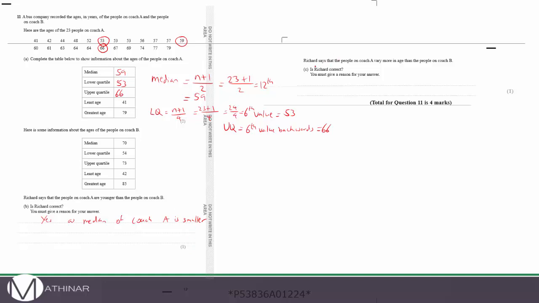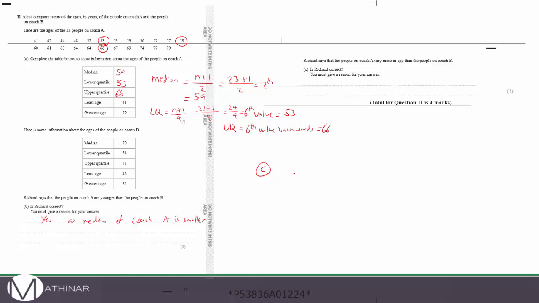Final question. Richard says the people on coach A vary more in age than the people in coach B. When we're talking about how much the age varies, we can look at either the range or the interquartile range. You don't need to look at both unless it asks for 2 reasons. So we're just going to look at one of them, but we'll do both here.